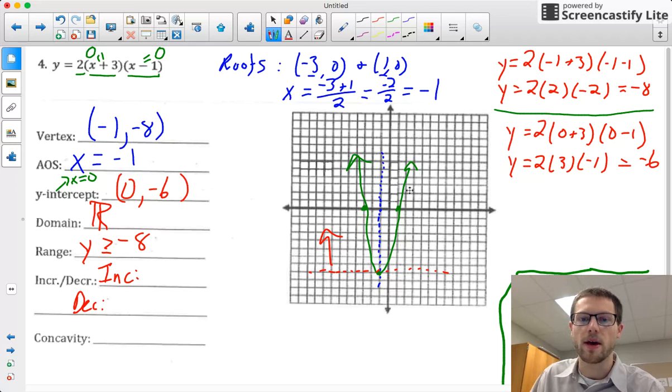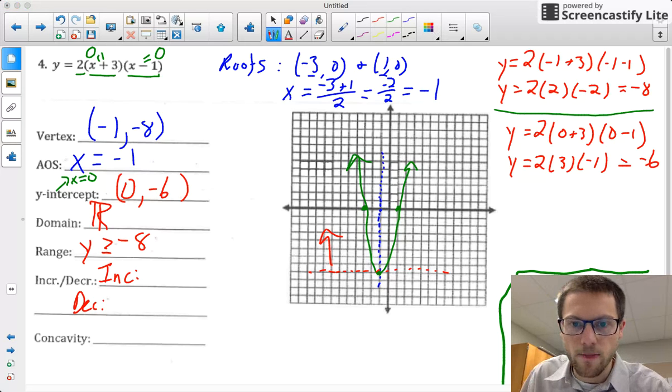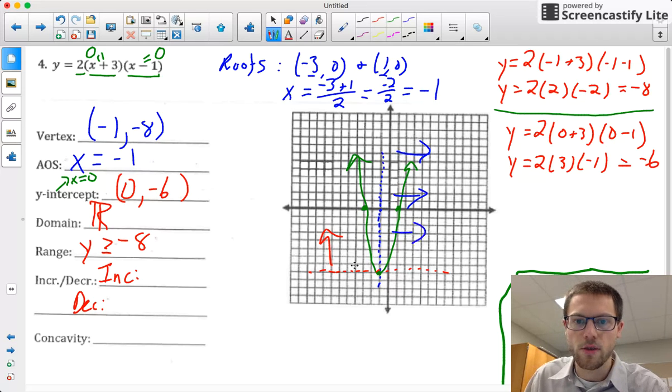I'm going up as I continue from left to right to the right of my vertex. So this is when my quadratic, my parabola, is increasing. And a way to describe everything to the right of the vertex is by using this inequality: x is greater than negative 1.